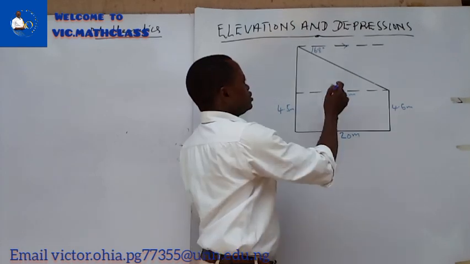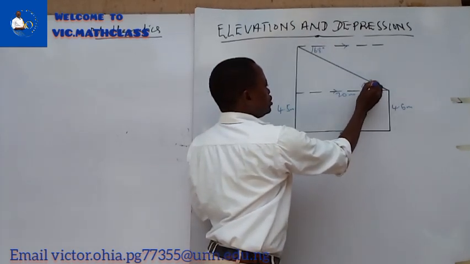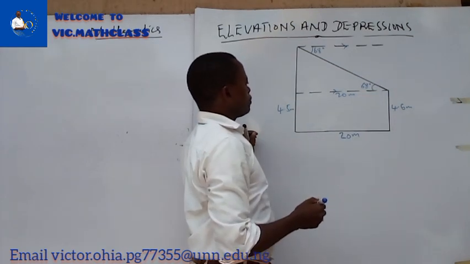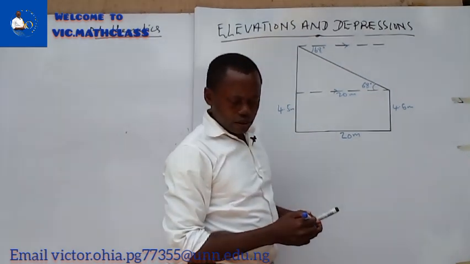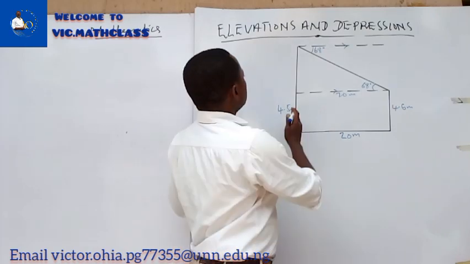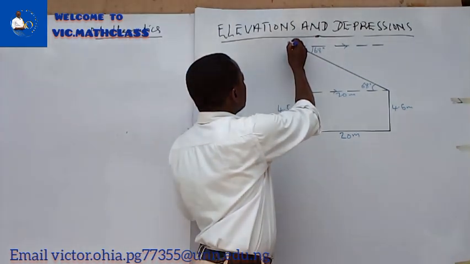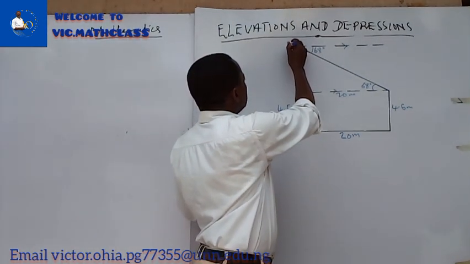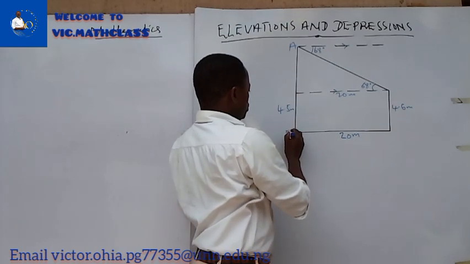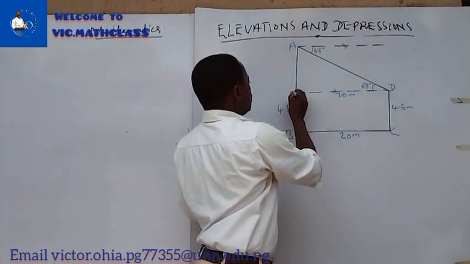Because of that, this angle here is alternate to this angle, so here will also be 68 degrees. There is nothing left other than to calculate what they asked, the height of the story building. Let me label here A, B, C, D, and here M.